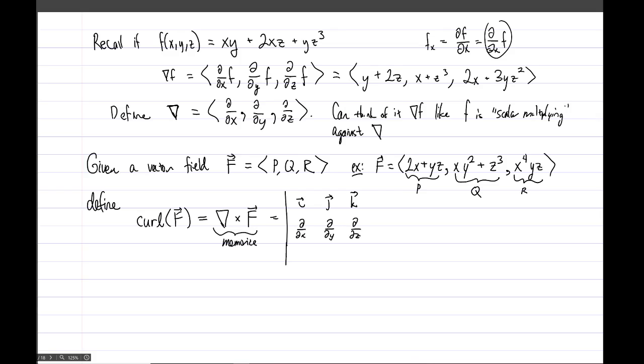And then in the next row we need the components of F, which we've generically called capital P, capital Q, capital R.